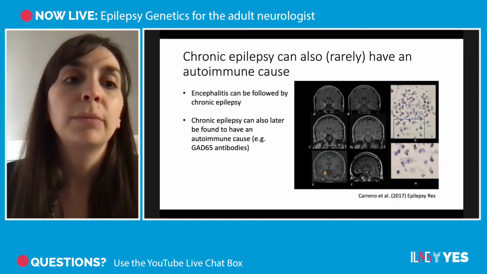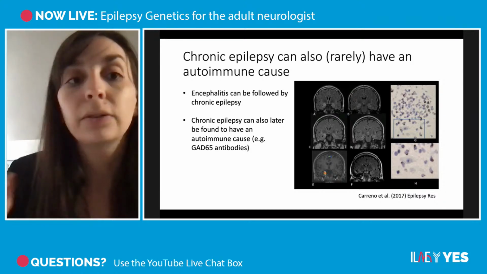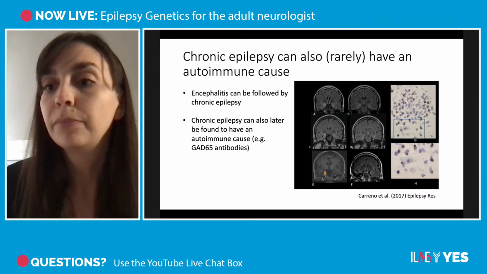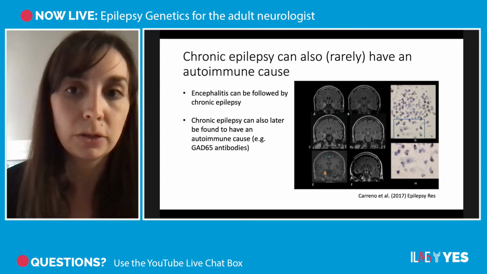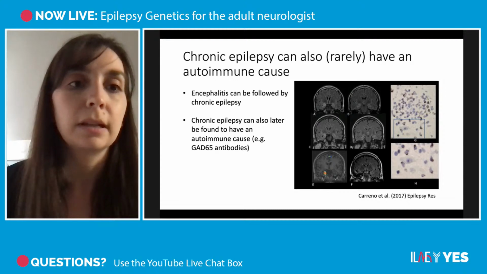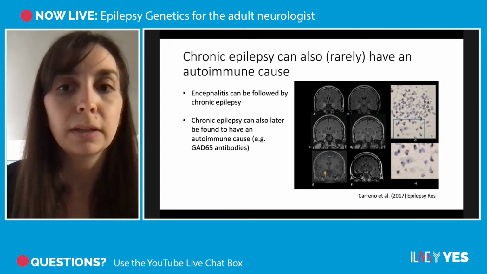The first category may be that many years ago, they had a clear clinical diagnosis of encephalitis. They recovered, they left the hospital, but they never stopped having seizures. So the epilepsy is now the primary neurologic issue that they are dealing with.